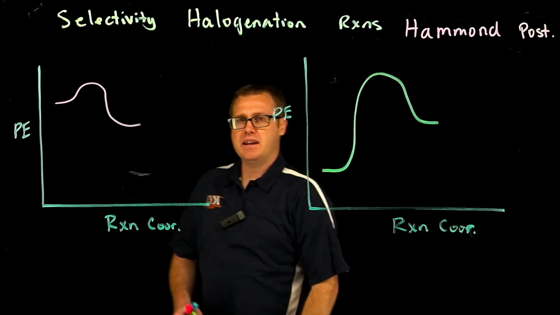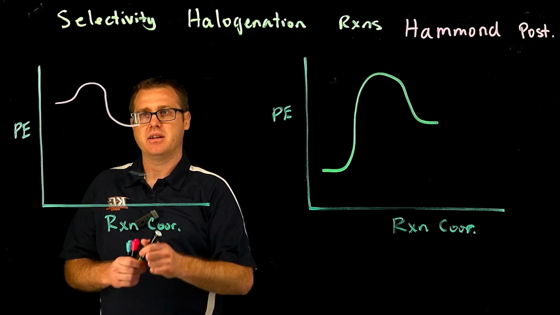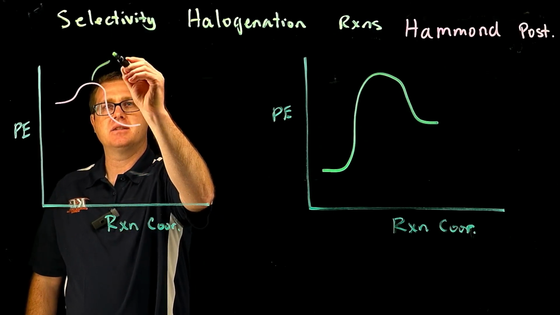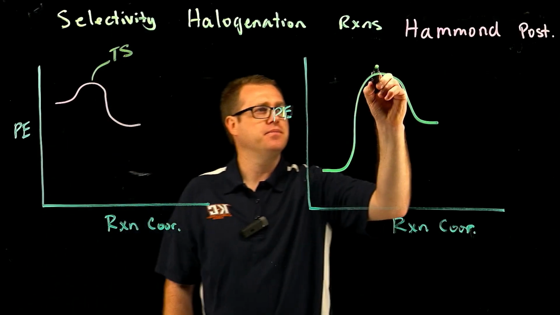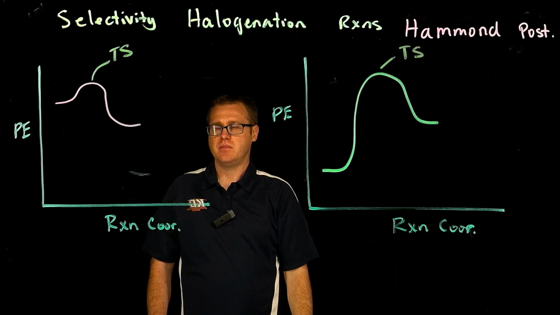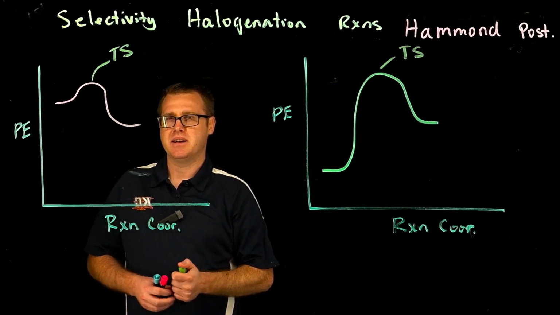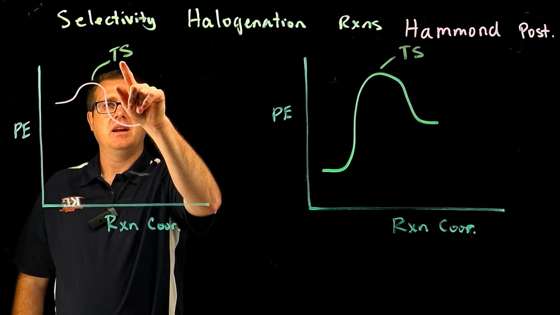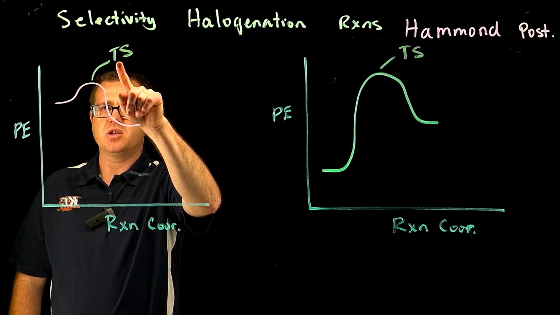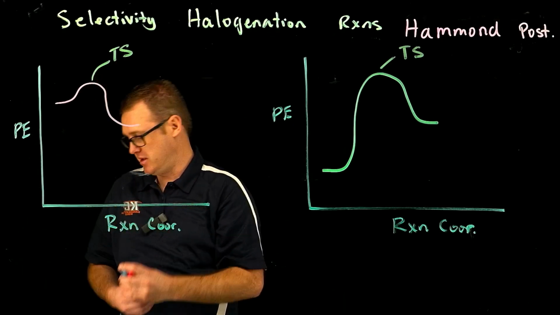Remember, that is looking at what does the transition state look like. And the transition state is that part right there, our transition state. Remember that the Hammond postulate is telling us that the transition state has two options here.